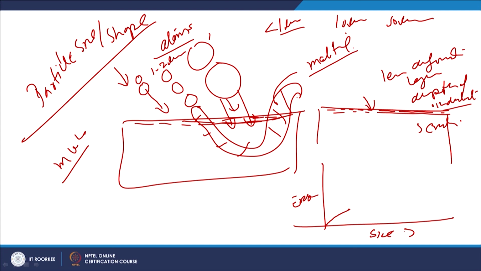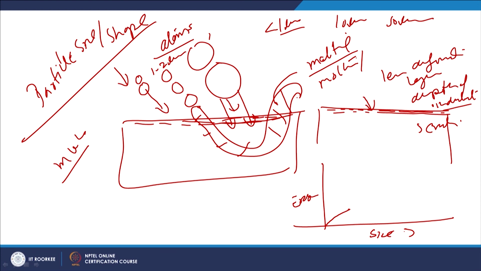So, with very high kinetic energy particles, if surface layer melting takes place, obviously some of the molten material will be removed and the remaining molten material will solidify again onto the surface.